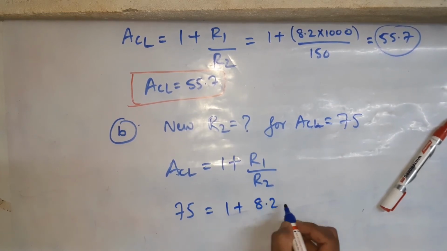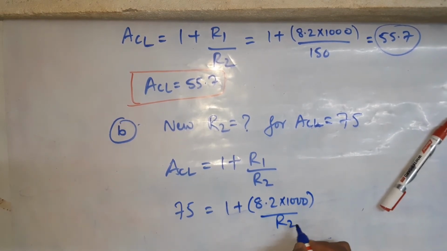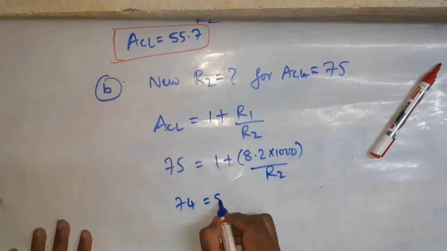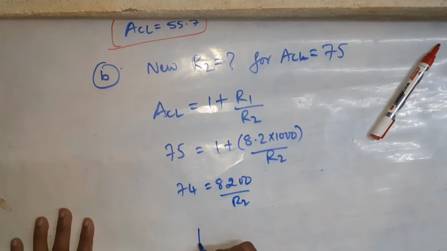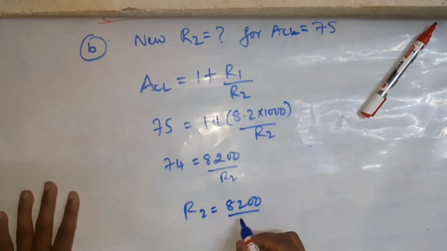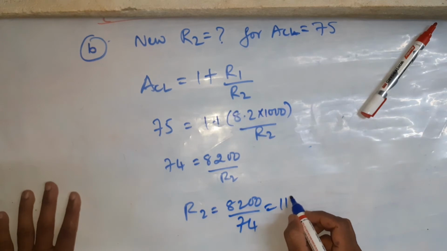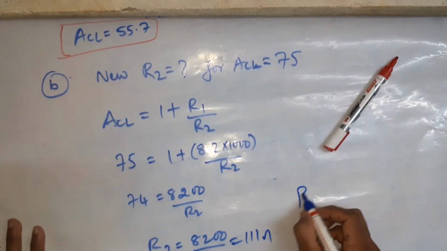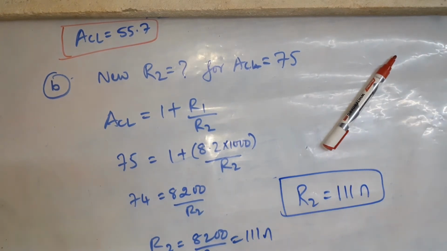R1 will remain as it is, 8.2K, divided by R2. Simplify this. 1 comes here. 74 equal to 8200 divided by R2. Therefore, finally R2 is equal to 8200 by 74. That is 110 point something. Rounded to 111 ohms. So finally R2 is equal to 111 ohms. This is your second solution.